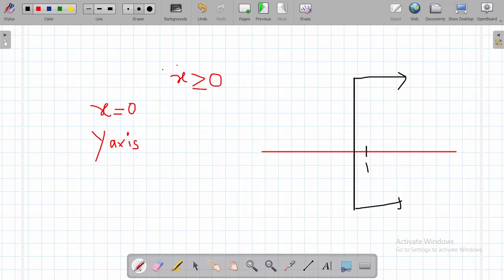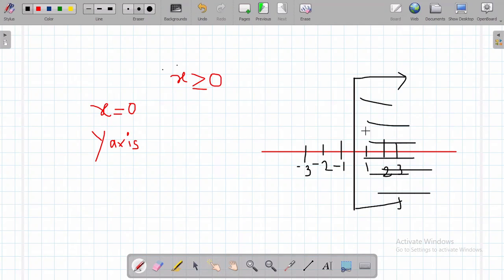Here is 1, here is 2, here is 3, but here is -1, -2, -3. So here we don't need to test. Directly we can write that greater than 0 means this is the boundary region. So remember all of you, if there is x greater than 0, then this is the boundary line along with the boundary region. I hope everybody has understood the meaning of x greater than 0.